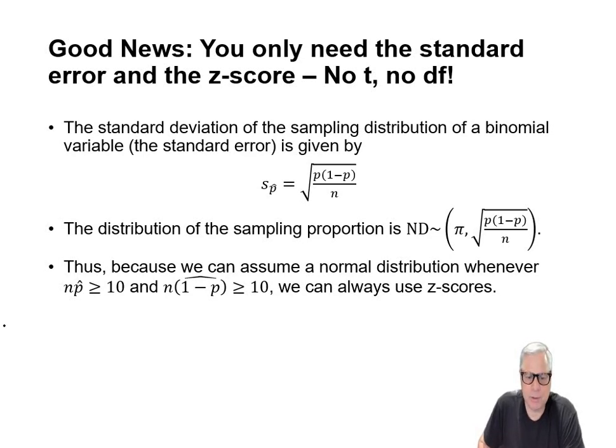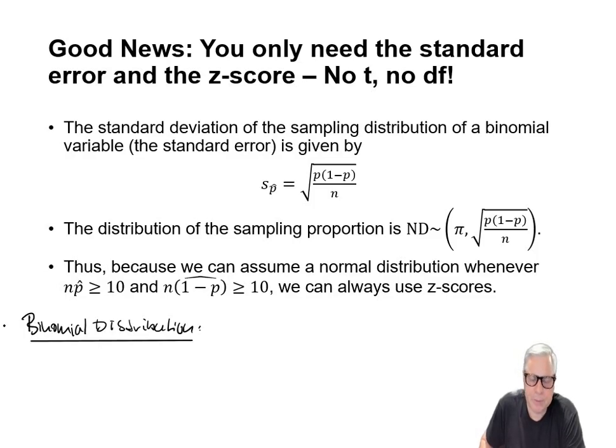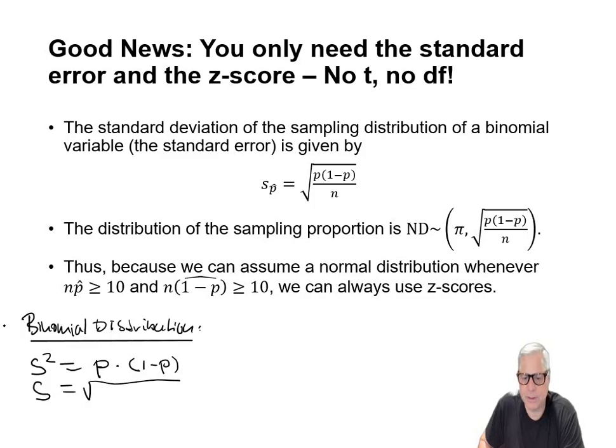And again, the standard deviation of the sampling distribution of a binomial variable is given by this formula. When we talked about the binomial distribution, you may remember that we said the variance is equal to p times 1 minus p, then the standard deviation was the square root of the variance.